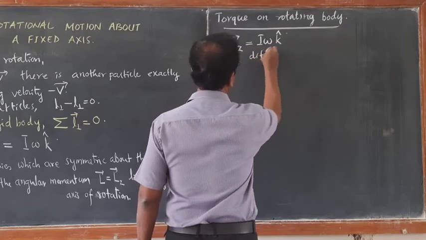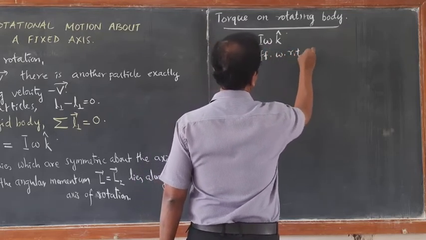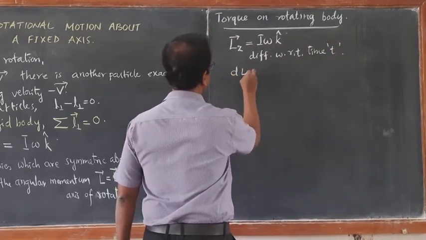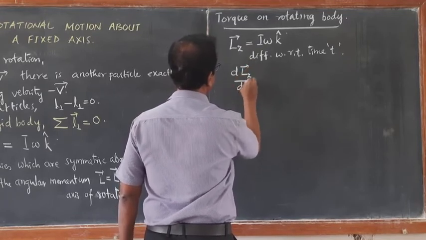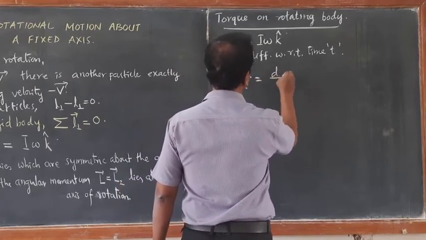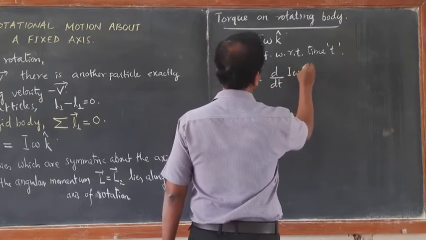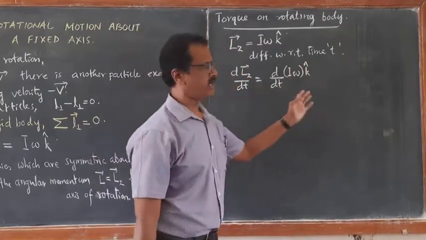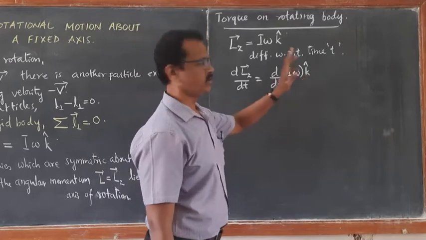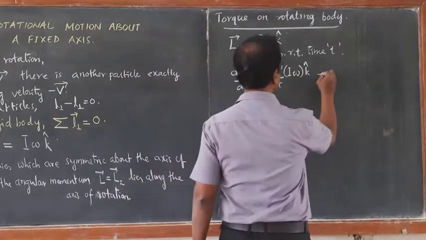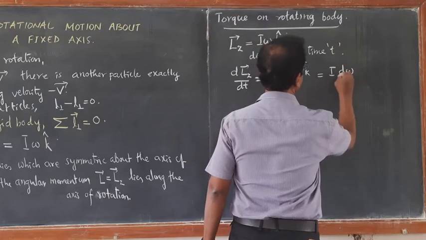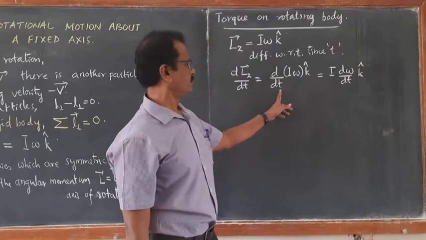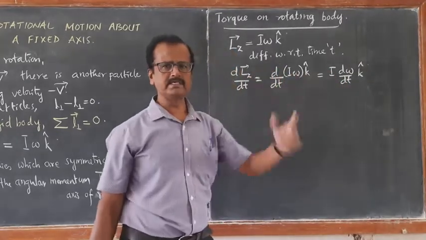Differentiating this with respect to time t, we get dLz by dt, which is equal to d by dt of I omega k cap, out of which the moment of inertia is constant, and of course k cap is a unit vector. So I can take them out. So it becomes d omega by dt k cap. So differentiation of omega with respect to t gives us d omega by dt, and we know what d omega by dt is.